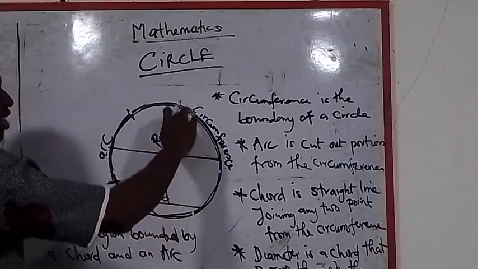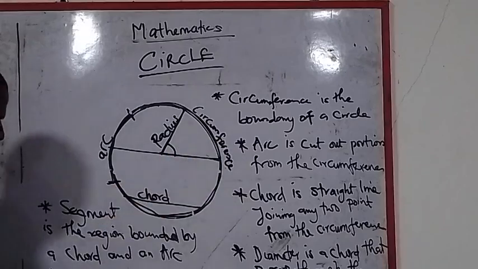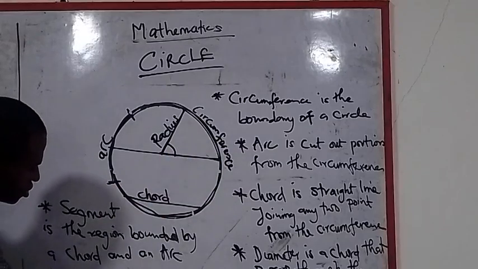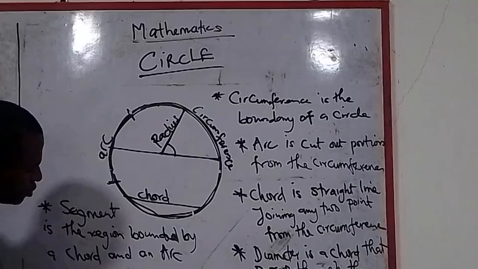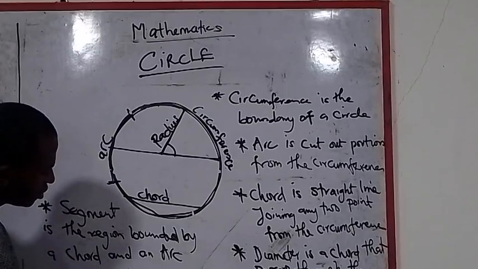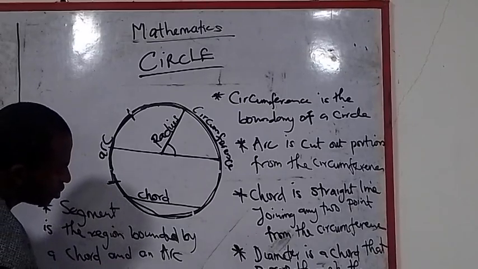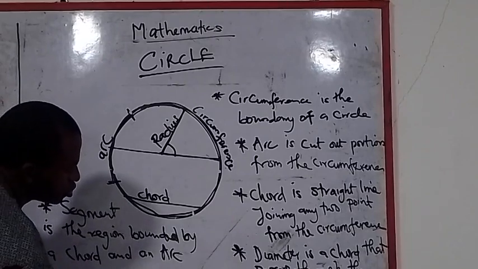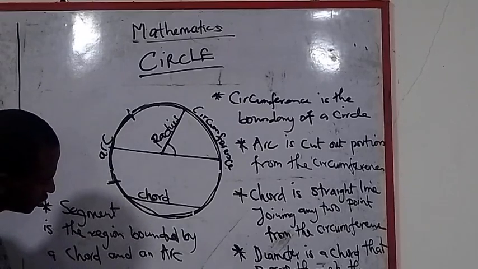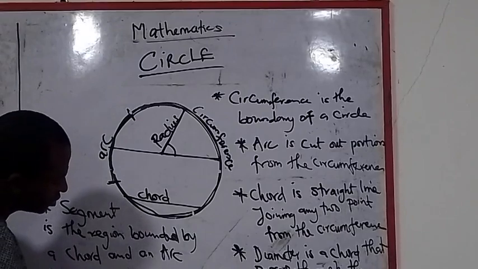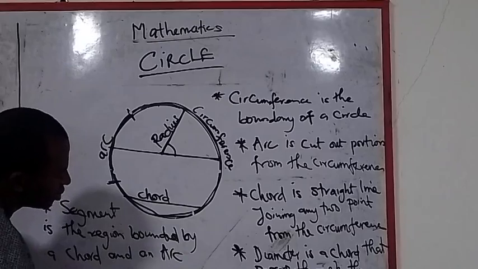It is the region bounded by two radius and an arc.